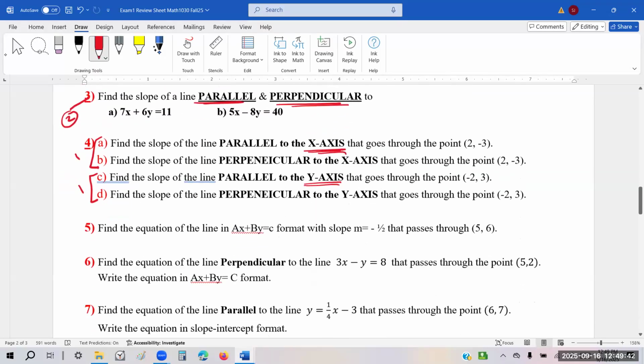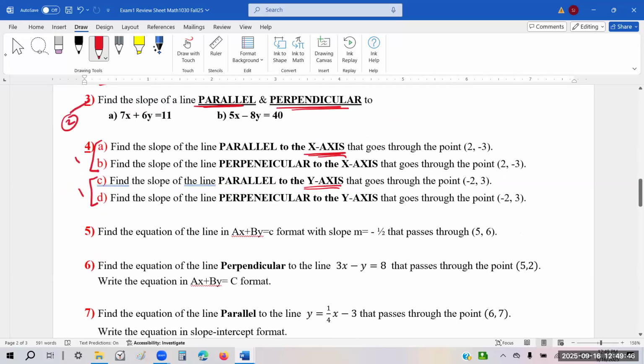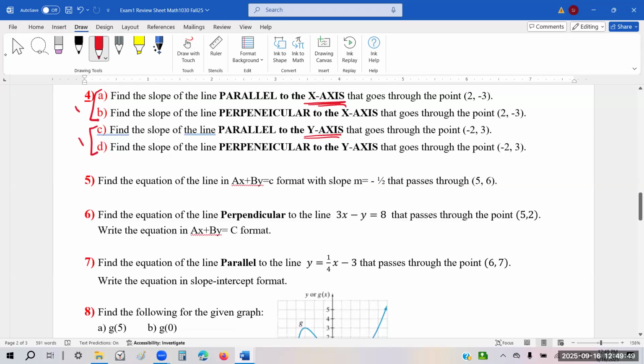And we are going to go over this today from question number 3. For 5, I'm going to give 1. Find the equation of the line when the slope is given and 1 point is given. For this exam, you can skip 6 and 7, but you have to know them for the final.